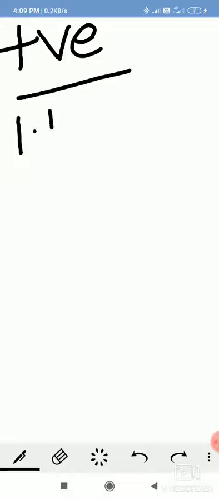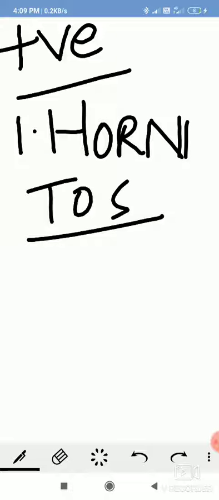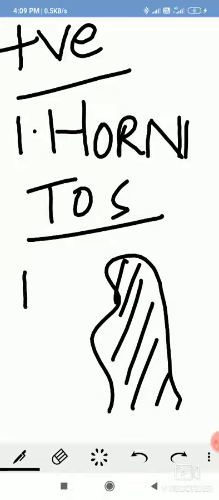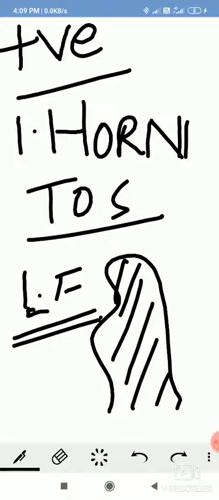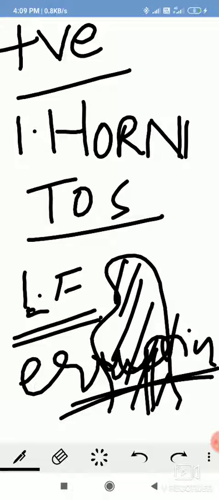Among positive relief features, the first one is hornitos. These are very small lava flows, conical in shape, formed during volcanism or due to the eruption of ejected material from inside the earth, right?